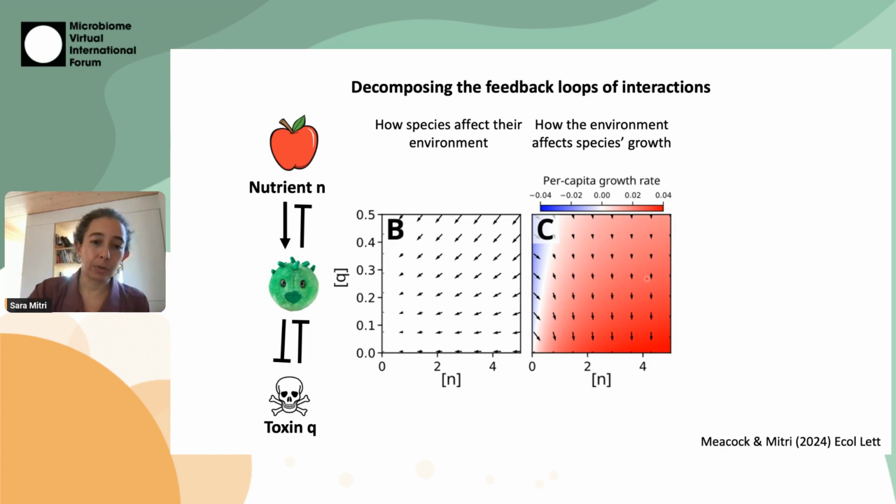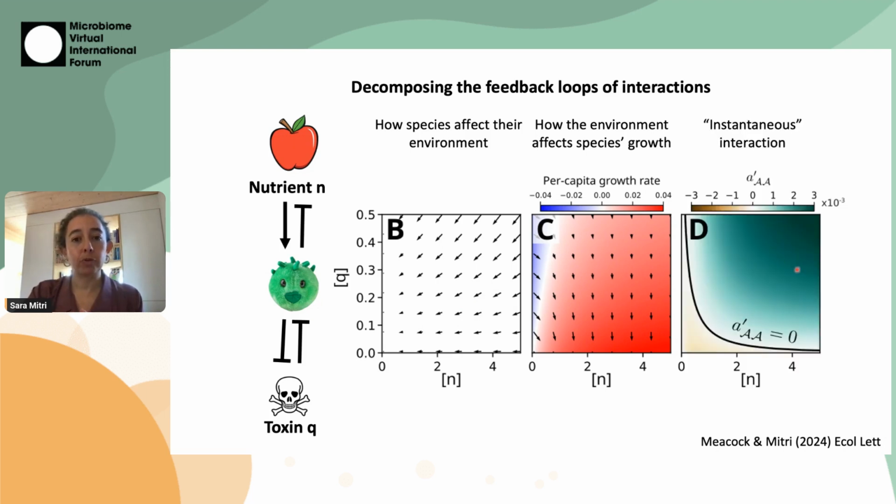Ideally, it would go to an environment that has lots of nutrients and very few toxins, and that's where its growth rate would be maximized. And then the trick that Ollie discovered is that if you just multiply these two by each other, what you get is a map of so-called instantaneous interactions, meaning that depending on where you are in this space, we can predict what interaction will be there at that location.